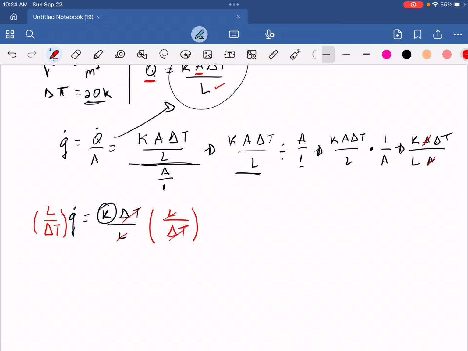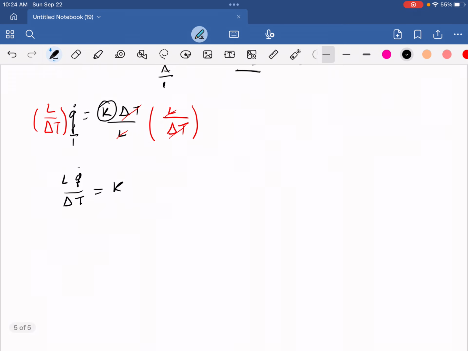At the end of the day, I'm going to end up with L times Q dot, all divided by the change in temperature, which is going to give me my thermal conductivity.